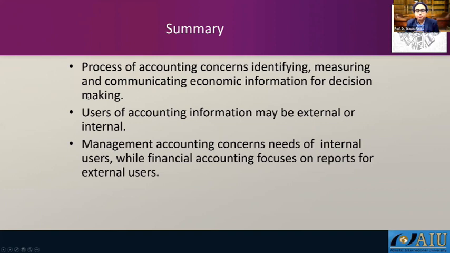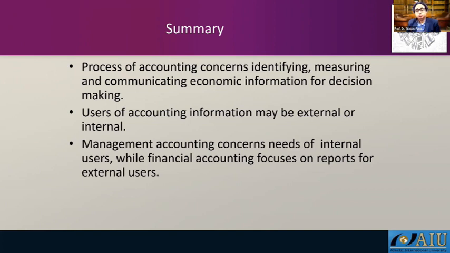So just recapitulating, I told you the accounting information, whether it comes from financial accounting or management accounting, the users can be external users or internal users. I've told you who can be the potential users who would like to read the accounting information.